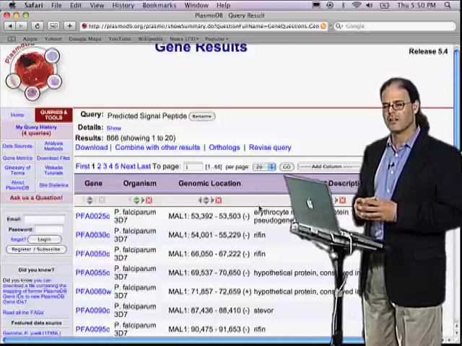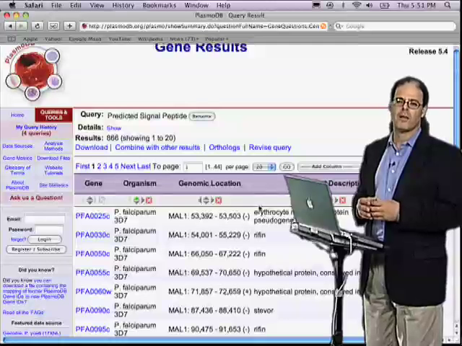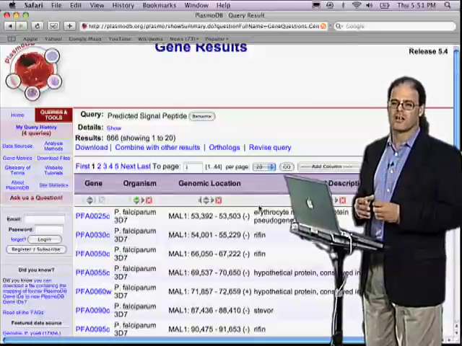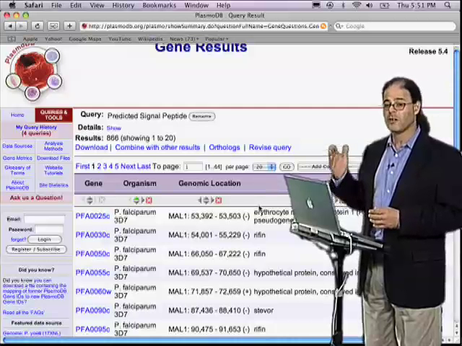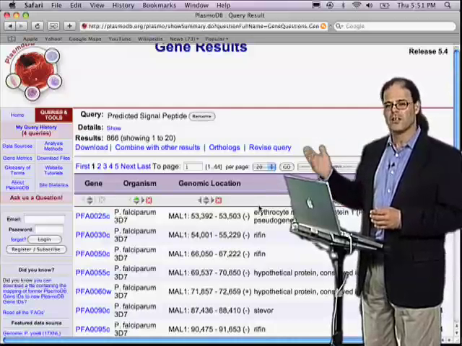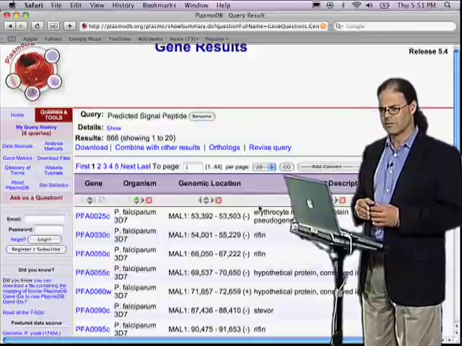And that's particularly true at the extreme 5' end of the gene. The first exon is the most difficult to identify. And that in turn manifests itself as an inability to accurately predict signal sequences.